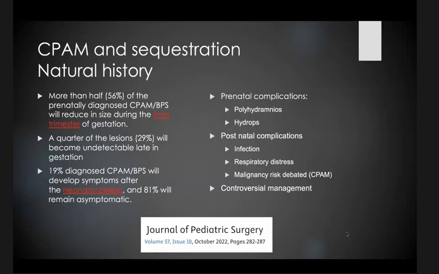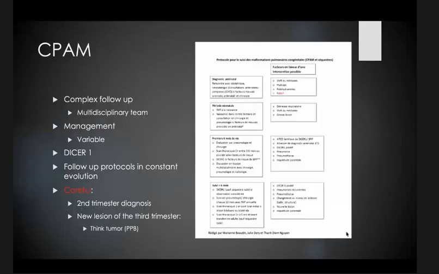And the management is super controversial. The management of those lesions, especially the CPAMs, is variable wherever you practice. In the US, usually they operate on them at 6 months of age, but there are some places, like Great Ormond Street in London, that mostly follow them, and they have really strict criteria to operate or not.